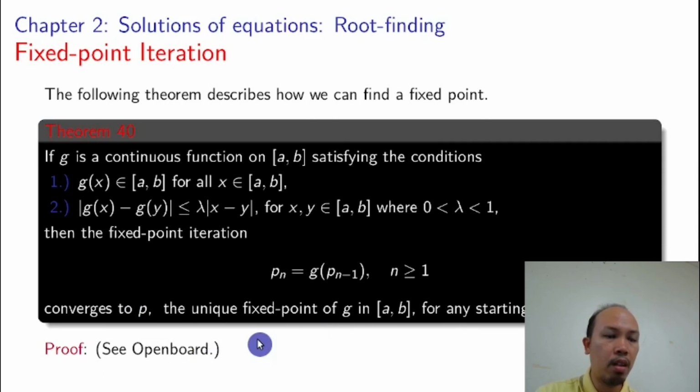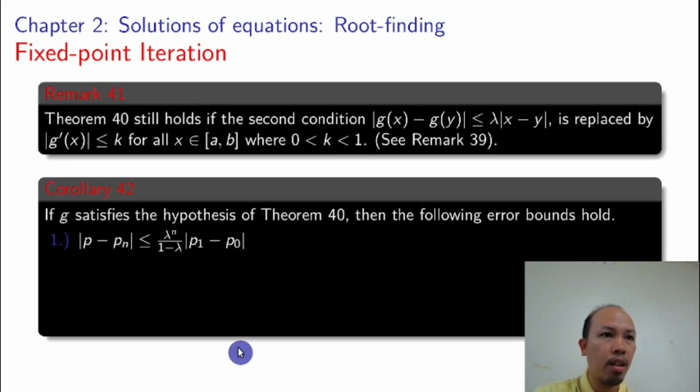So we will not prove this one. Maybe you can do it at home if you want to. This is easy. Maybe I'm going to give this one as a problem set. And theorem 41 is also much easier to prove.